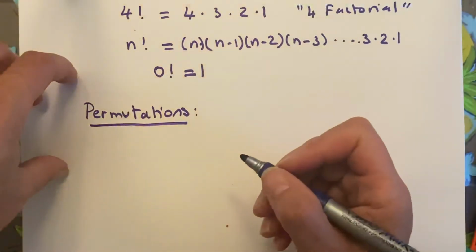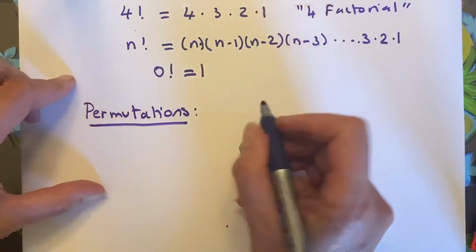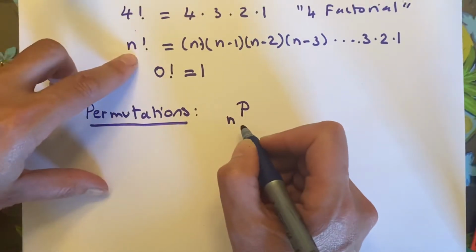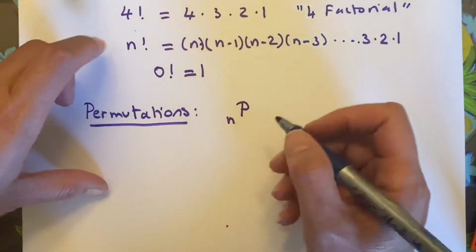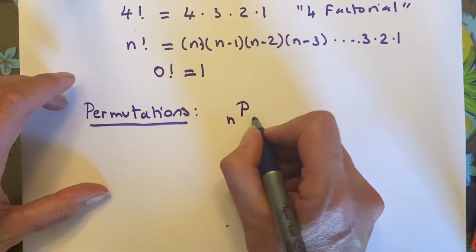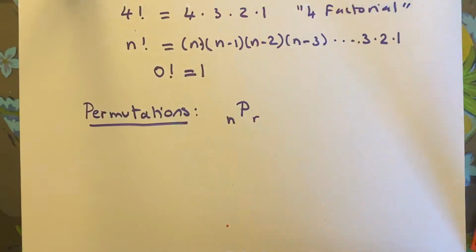So permutations is P. This is for n objects. There's the n, taken r at a time. Okay, so this is for n objects. This is the number of objects.